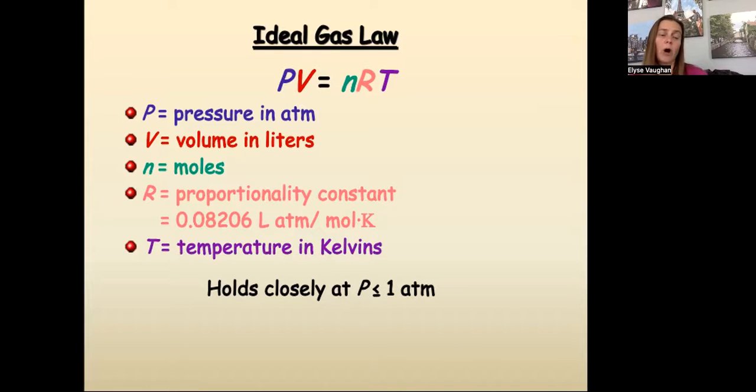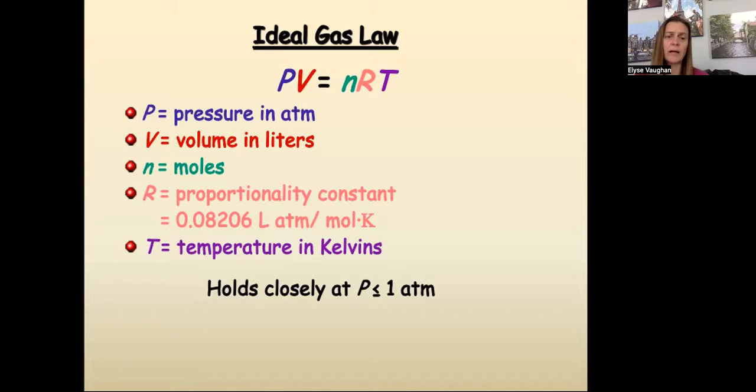So R is a constant, it doesn't change. The pressure, the volume, the number of moles, and the temperature can all change. And this holds really closely as long as pressure is not too high. We're going to treat it as if it works in all circumstances, again, knowing that real gases are not ideal, but they're close enough that we can work with it.